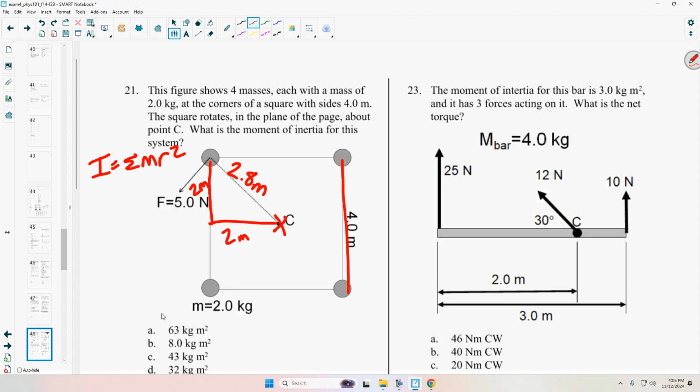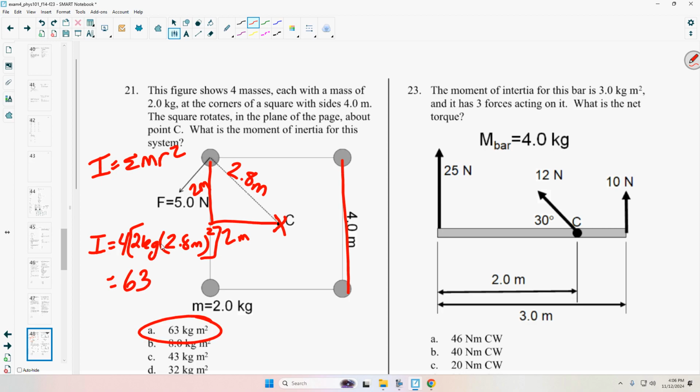Then the mass is 2 kilograms, so I is the sum of 2 kilograms times 2.8 meters squared, but there are 4 of them, so I multiply that times 4. I get 8 times 2.8 squared, and that gives me 63. So that's the moment of inertia for that system.